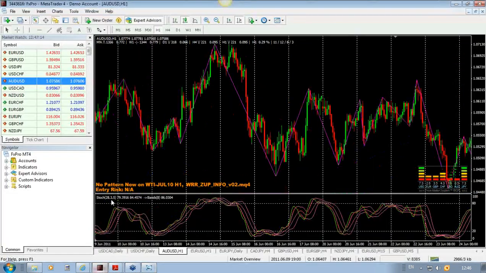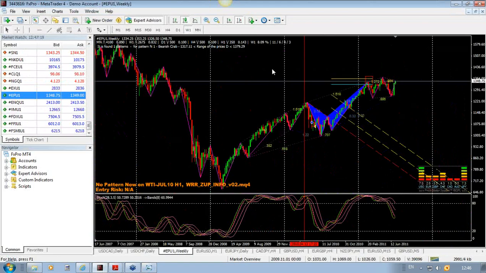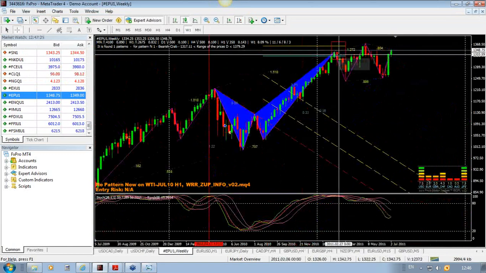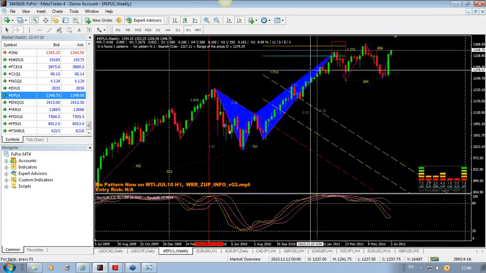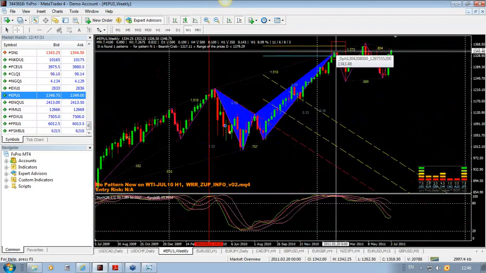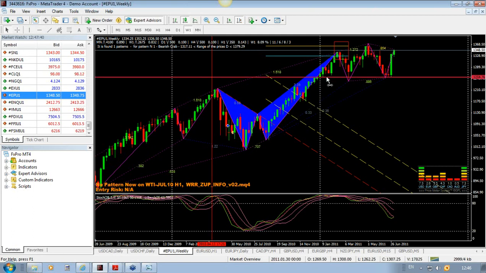I have a classical example on the S&P 500. If I show you this, on the monthly chart, on the weekly chart, we have a bearish crab. You see? A bearish crab here. Fantastic entry. Everything looks just amazing. But we have a critical support, which is this range. Just a second.